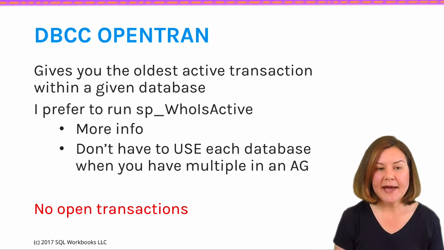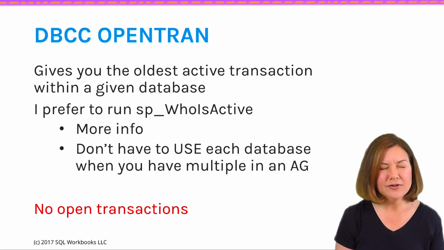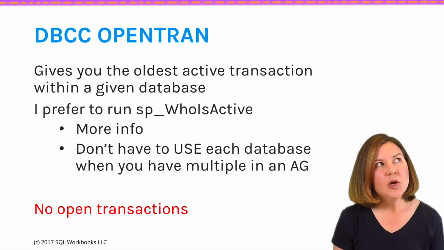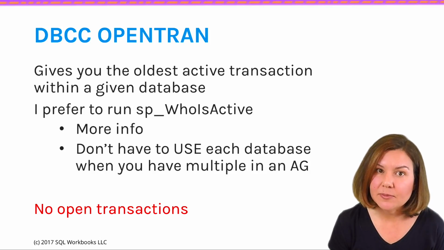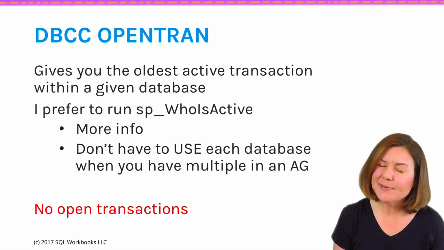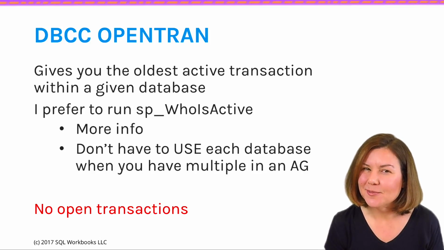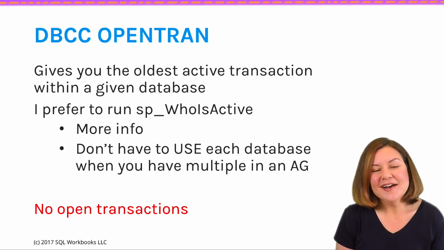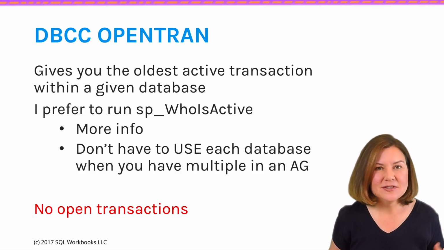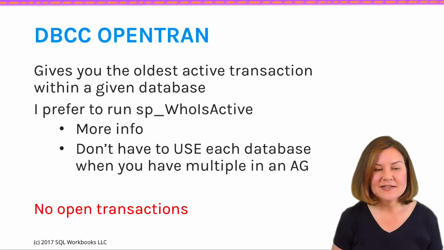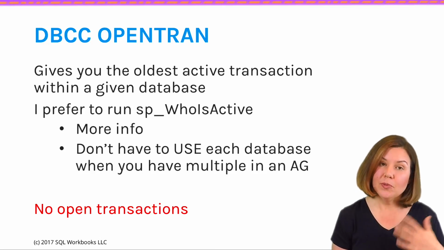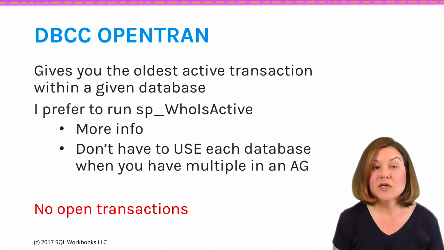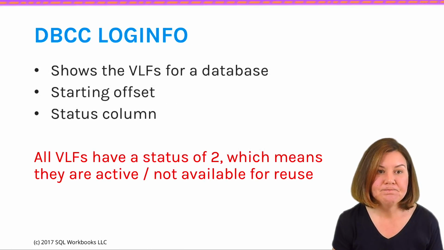So I like to run that because often we have more than one database in an availability group. It might be interesting to know how many single database availability groups we have, a group of one. But since you don't have to use every database with sp_WhoIsActive, it allows you to be lazier. But we got the information that there weren't any open transactions.